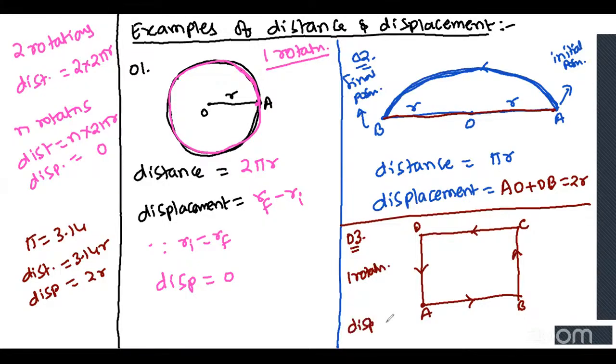Distance and displacement. Let us consider side of a square as A. In a square, we know that all the sides are equal. So particle travels from A to B, B to C, C to D, D to A. So what is the distance traveled?